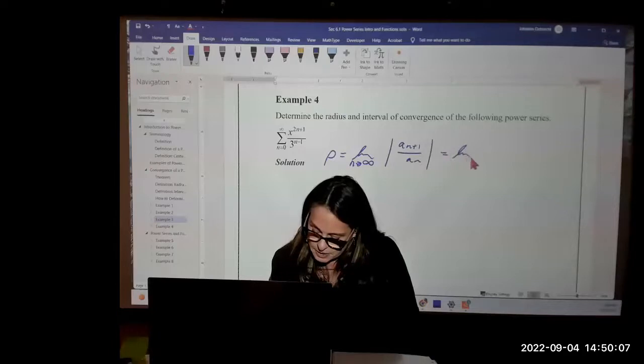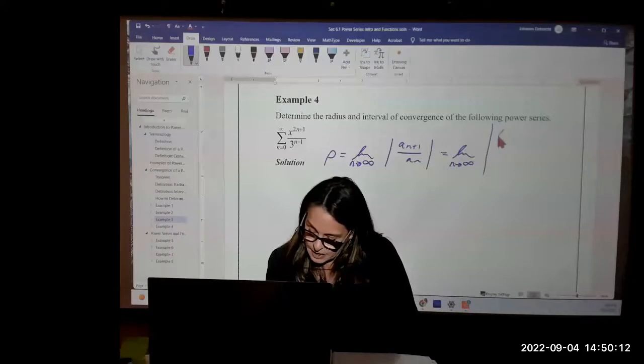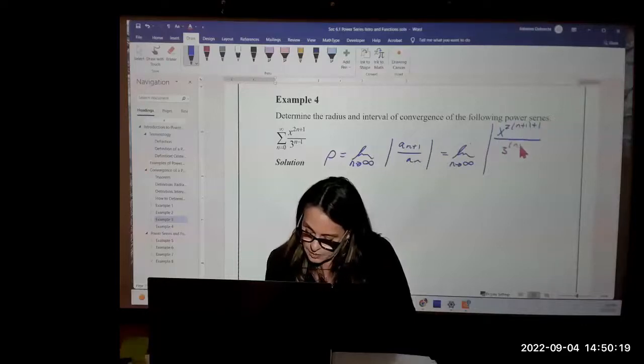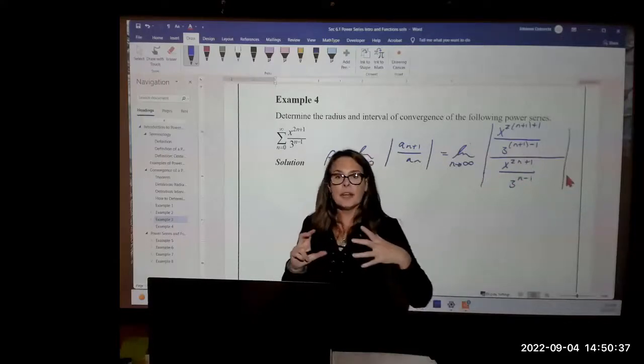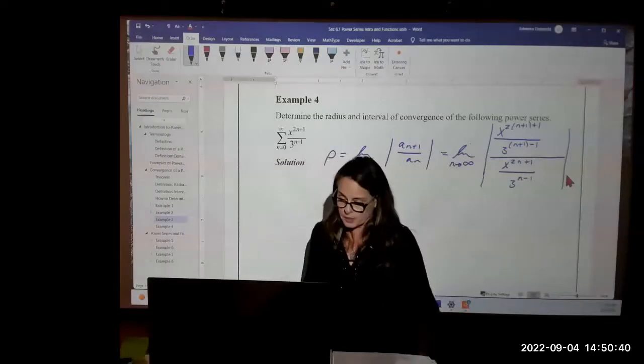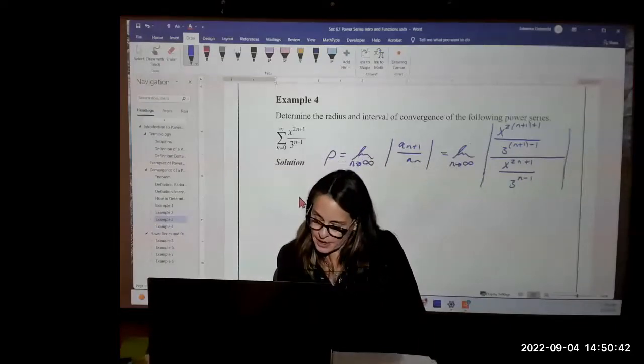And this is going to give me the limit as n goes to infinity of x to the 2 times n plus 1 over 3 to the n plus 1 minus 1, all divided by x to the 2n plus 1 over 3 to the n minus 1, all in absolute values. Now we're going to take the denominator fraction, multiply by the reciprocal, and then we're going to back things down.